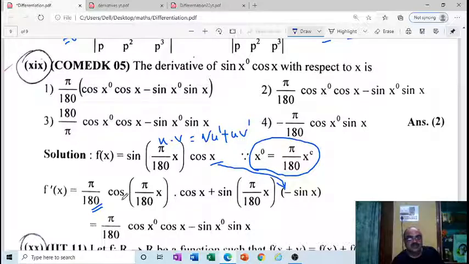Friends, cos of pi by 180 x, bring it back to degrees, it becomes cos x degree into cos x, minus sin x degrees into sin x into pi by 180. This pi by 180 is only with the first value. Okay, pi by 180 into cos x degrees into cos x minus sin x degrees into sin x.